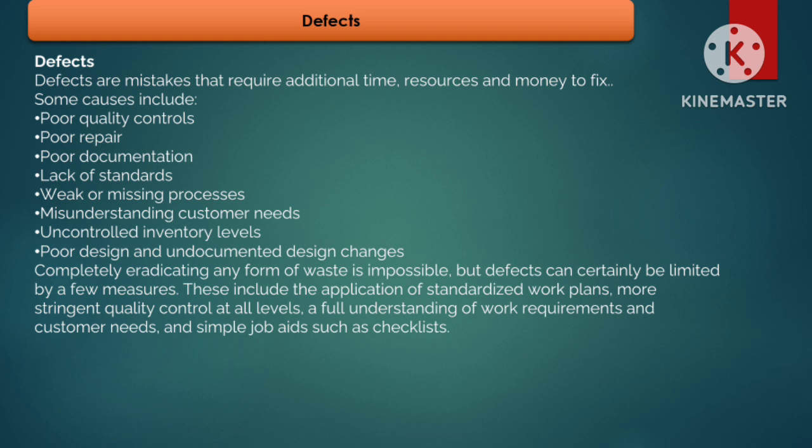And what are defects? Any product, service, or offering which is not meeting the customer requirement is a defect. Very important that defects are minimized so that wastage is not occurring in a high amount.